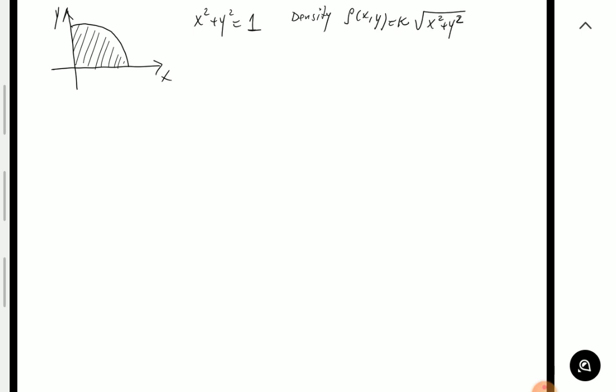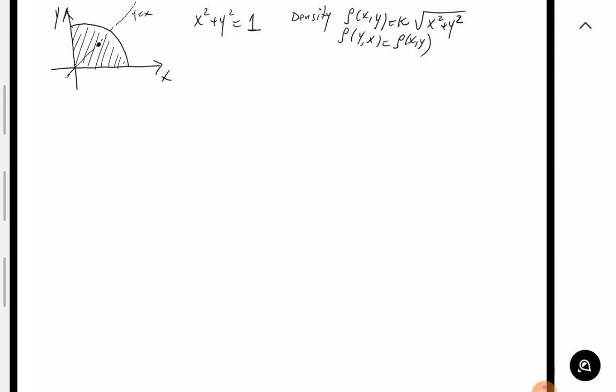All right, so let's notice from the beginning that there is some important symmetry here. Notice that if I interchange y with x, I get the same thing, right? It's y squared plus x squared, which is the same thing, which means the density, or the mass if you want, is evenly distributed with respect to y equals x.